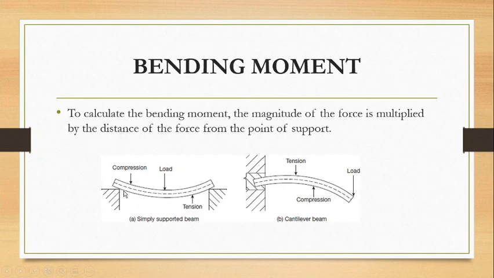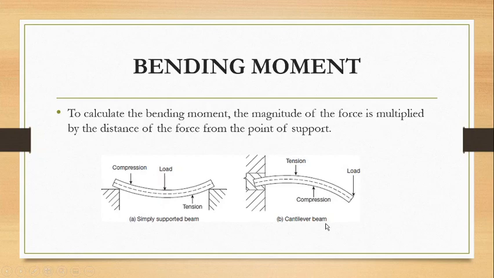So here is the support and here is the force right in the middle of the beam. The distance of the force from the point of support is going to be distance D. When we multiply both of these factors, we will get the bending moment that is occurring at this point.